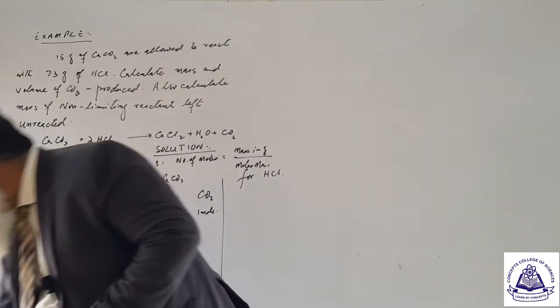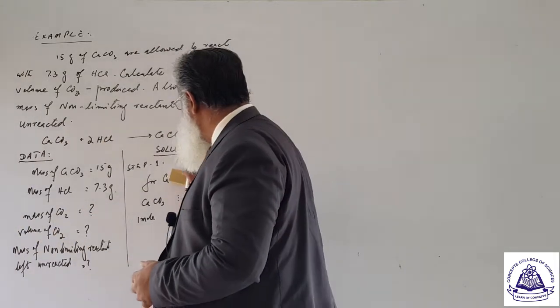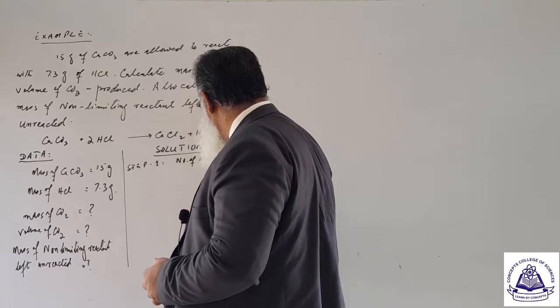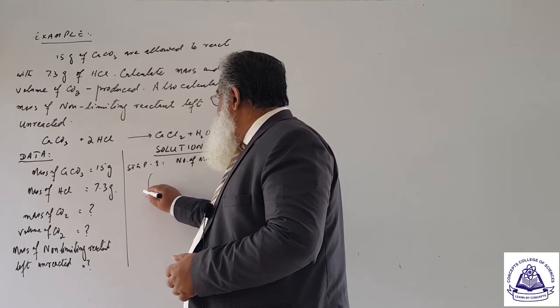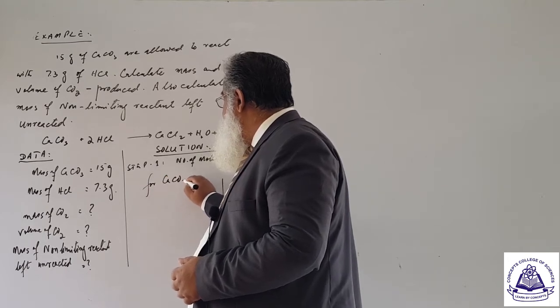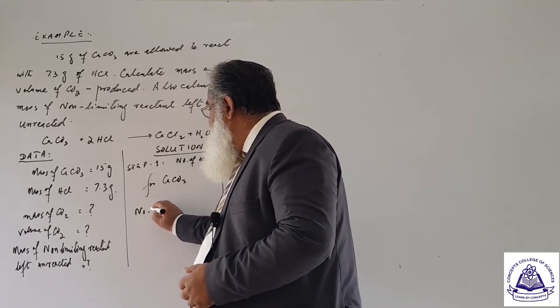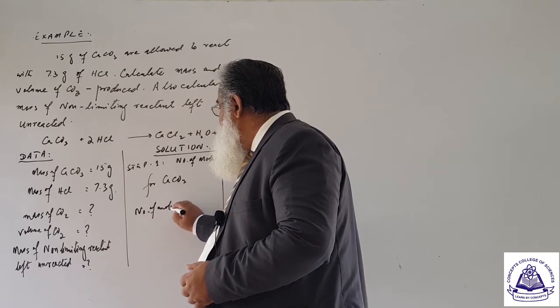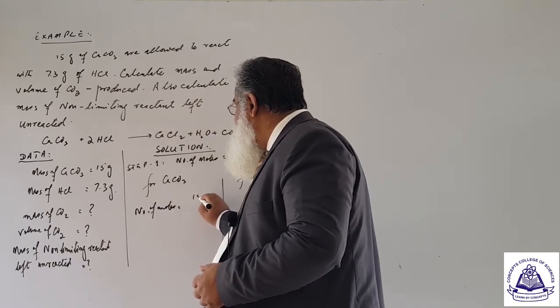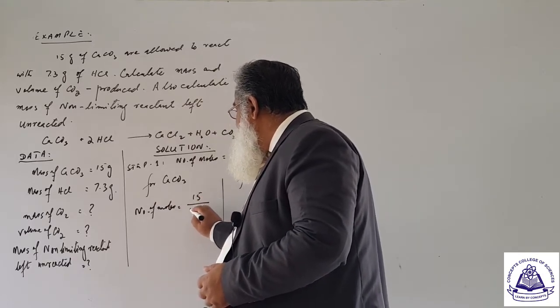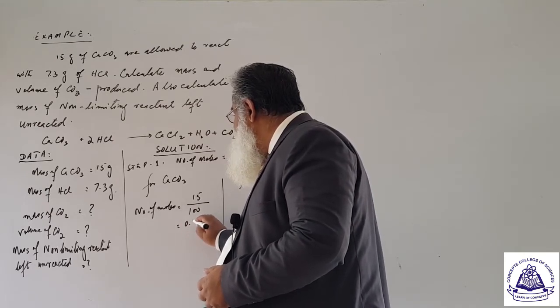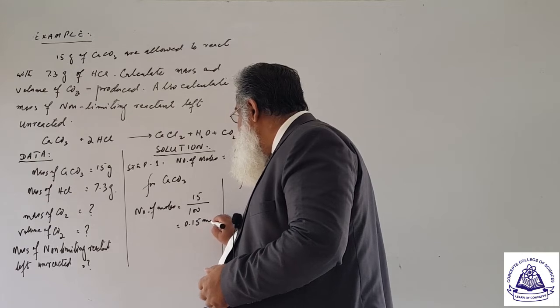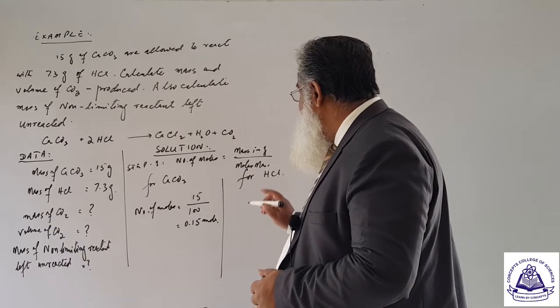Now, to find the number of moles: mass of calcium carbonate 15, molar mass 100, answer obtained, that is 0.15 moles.